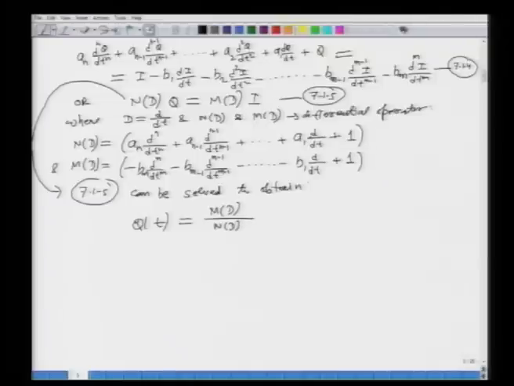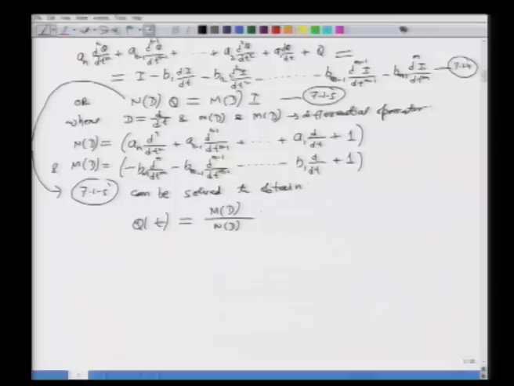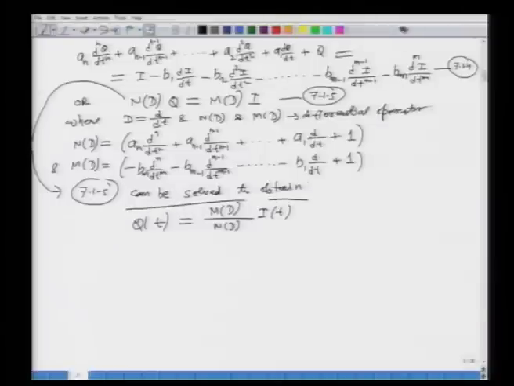It will depend upon the values of n and m, the order of the derivatives you are taking, which depends upon the complexity, dynamism or nonlinearity you are trying to model in a catchment. So the form of M(D) and N(D) will be dictated by that, and this is multiplied by your input function. This is a very general linear system model which was developed by Chow and Kulandaiswamy, and let me number this as 7.1.6.